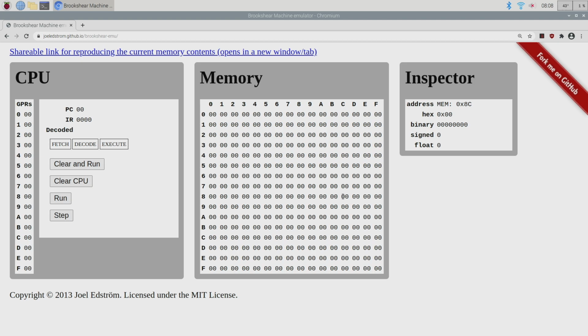look at. Now, when you first load this thing, which is web-based, of course, the memory has nothing in it. It's just a bunch of zeros, okay? So obviously, this isn't going to do anything if I start clicking the run button because there's no instructions, there's no data in memory. It's just a bunch of zeros. Okay, so 256 bytes of memory.